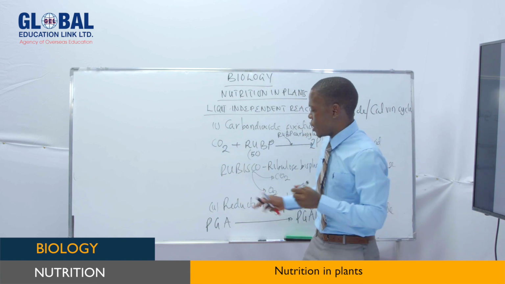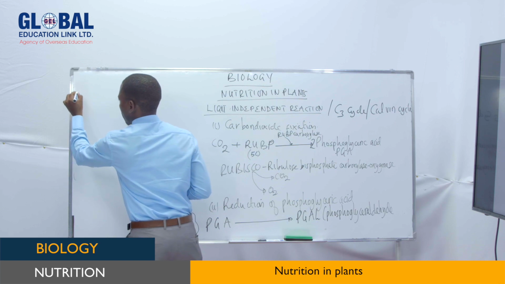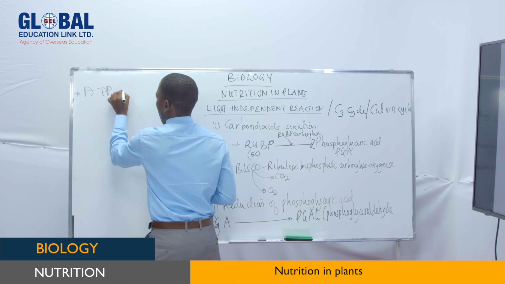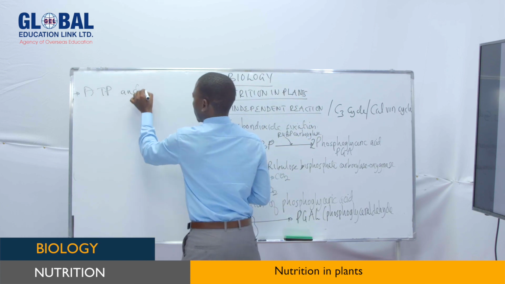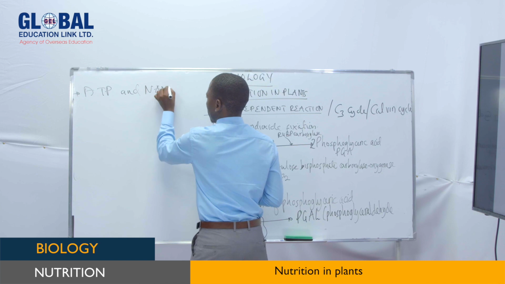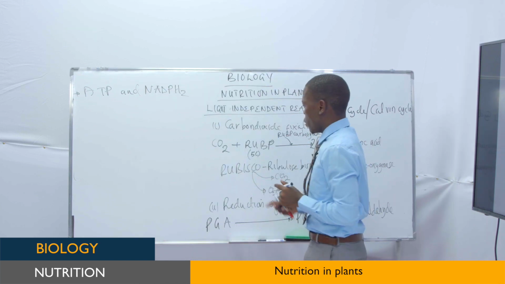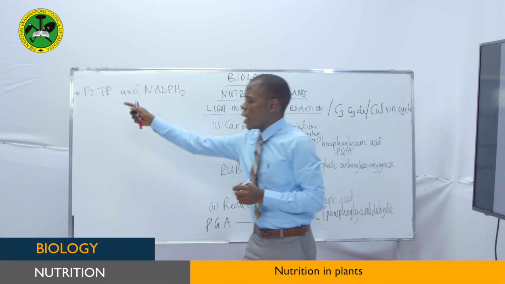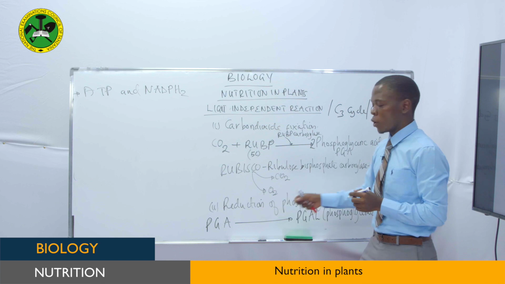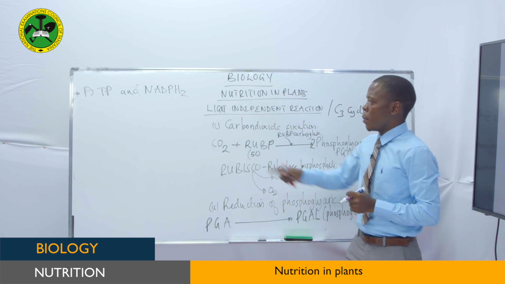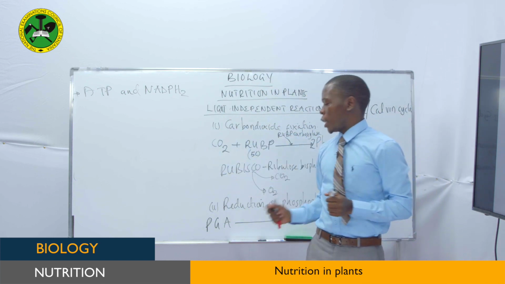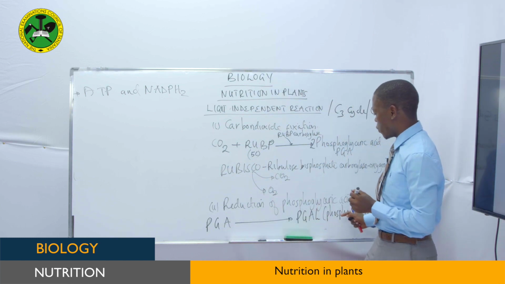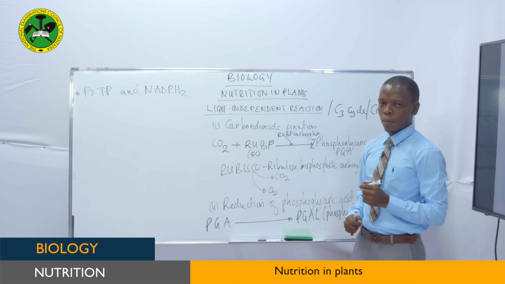As I've said, it is in this process where the products of light reaction are used, and those products are ATP and reduced NADP. ATP supplies energy, because for this process to occur, it requires energy. Reduced NADP removes oxygen from the phosphoglyceric acid so as to form phosphoglyceraldehyde.